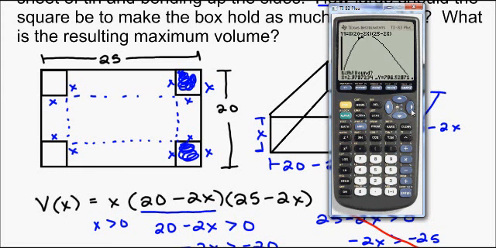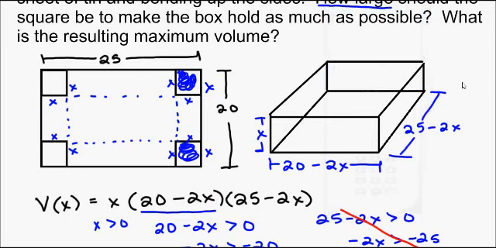Enter my left bound, scroll over, enter my right bound, and I'm at about 3.681, comma 820.528. So my maximum volume is about 821 cubic inches. And that happens when x is about 3.681 inches.